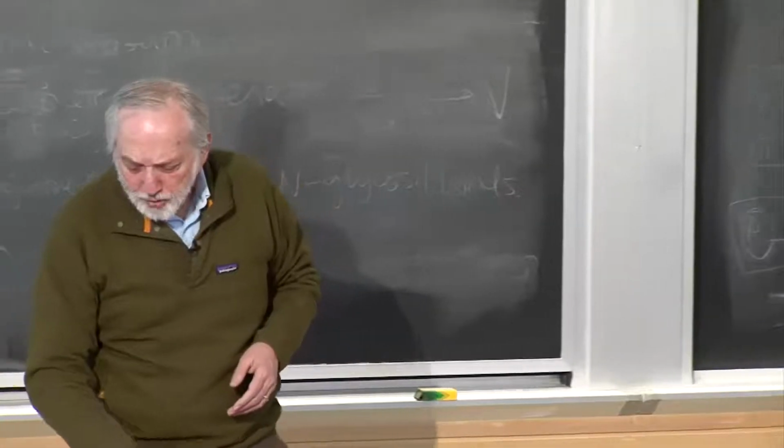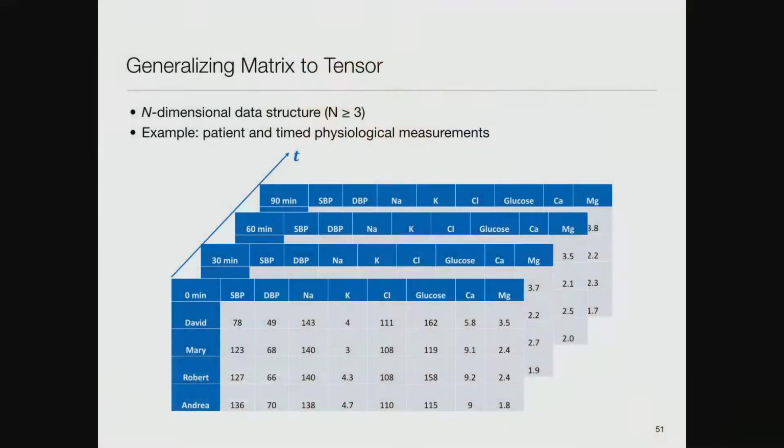So his approach was a tensor factorization approach. You often see data sets like this that say, patient by characteristic. So in this case, laboratory measurements: systolic, diastolic blood pressure, sodium, potassium, et cetera. That's a very vanilla matrix encoding of data.